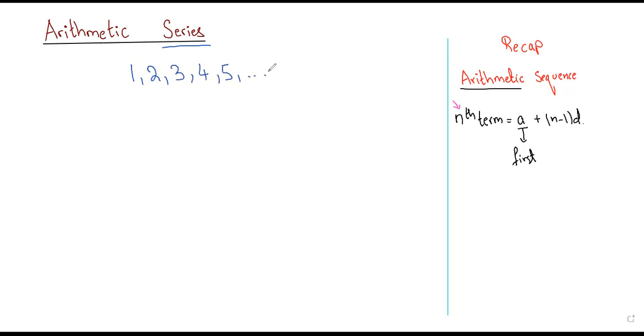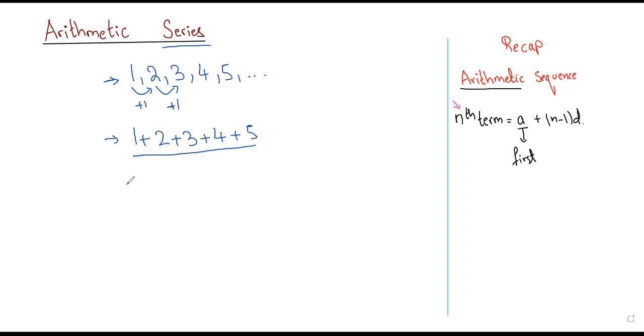This is certainly an arithmetic sequence because the difference between two consecutive terms is fixed and it is positive 1. What would be the corresponding arithmetic series? I'll write down all the terms with a plus sign. And that is it. So basically, when you add up the terms of the sequence, we call it an arithmetic series.